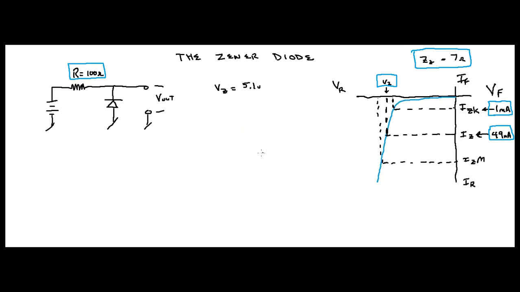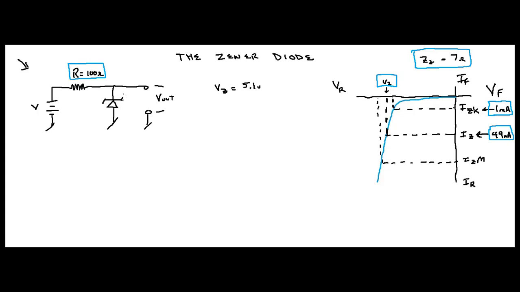Now in this problem, you're given a circuit, and I drew the circuit right here, okay? So you can see it. You have a voltage here, through a battery. You're going through a resistor, right? You have a Zener diode here. Gotta draw that right.